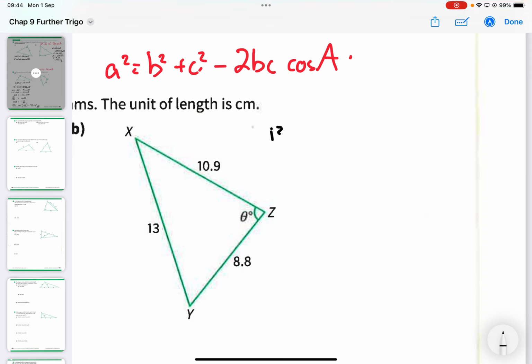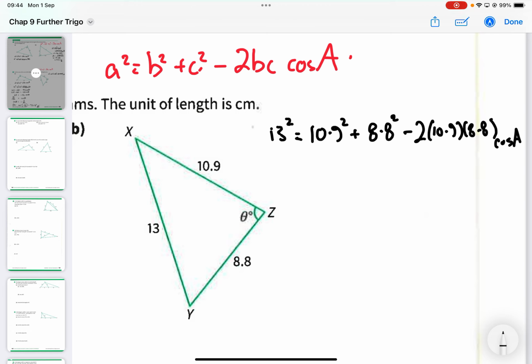So I will put in 13 squared equals 10.9 squared plus 8.8 squared minus 2. Then again my B and C are important. I cannot put 13 among here because it's B and C. So I must put 10.9 and 8.8. Okay?